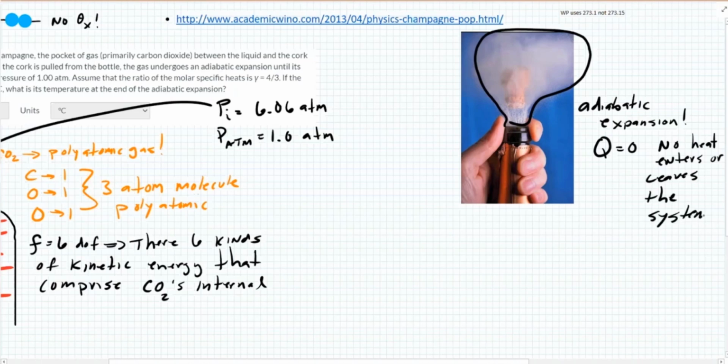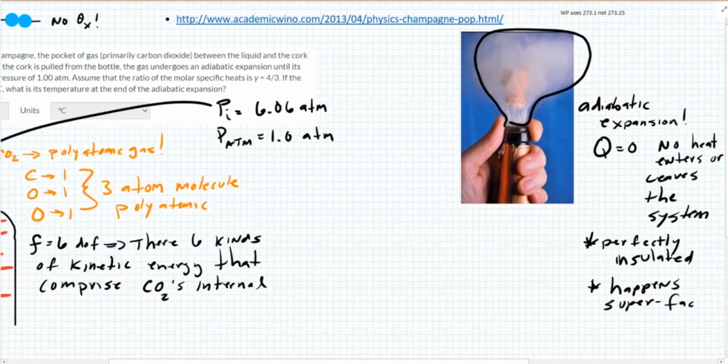Okay, and there are two ways that an adiabatic process could occur. The first way is you have it perfectly insulated. That's one way. Another way is what we have here. It's not perfectly insulated. The other way is it happens really quickly, super fast.